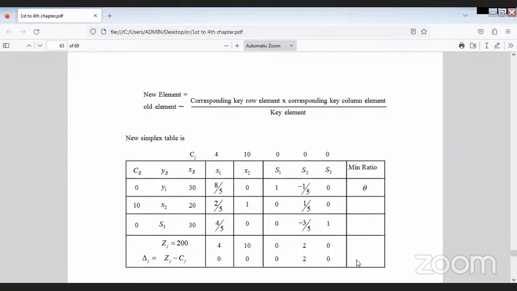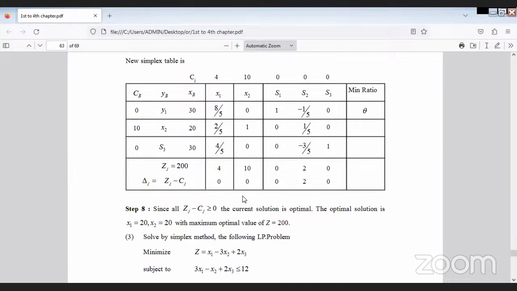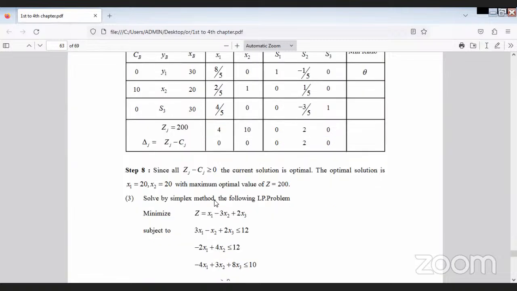So 410 ZJ values is 0, that is a 020. What is the finding the values from the fourth table? So ZJ minus CJ is all the ZJ minus CJ greater than 0 or less than 0? Greater than 0. The optimal solution is x1 is equal to 20 and x2 is equal to 20. Why? Because the optimal value of Z is equal to 200. How it's come, I will tell you. So therefore, అంటే మనం maximum ZJ minus CJ greater than 0 వచ్చేదాకా మనం tables form చేస్తూ ఉండాలి.